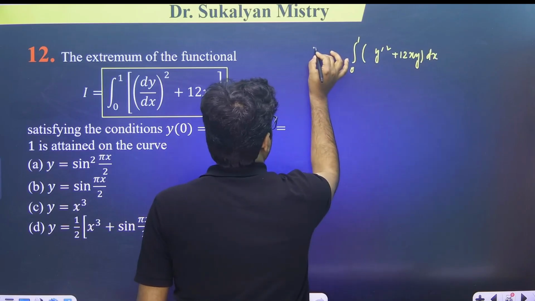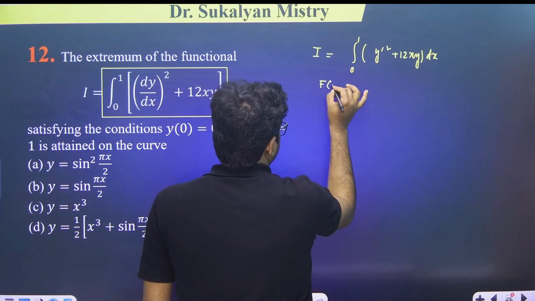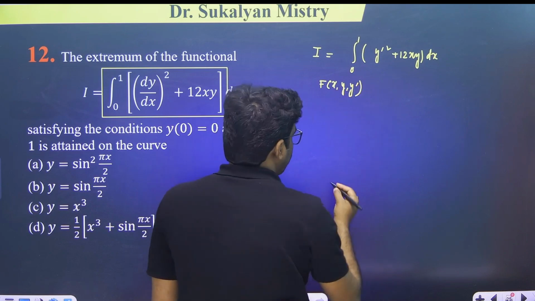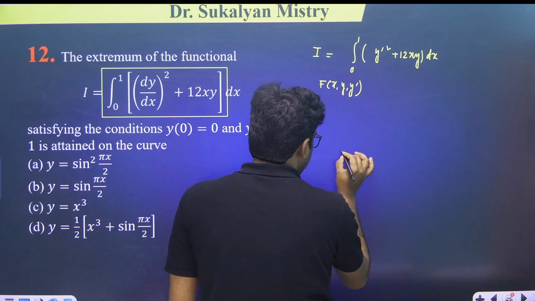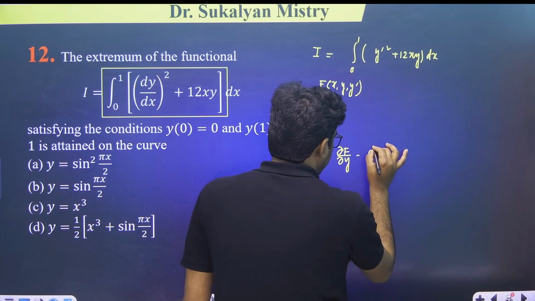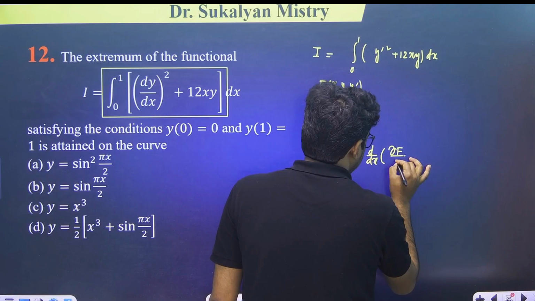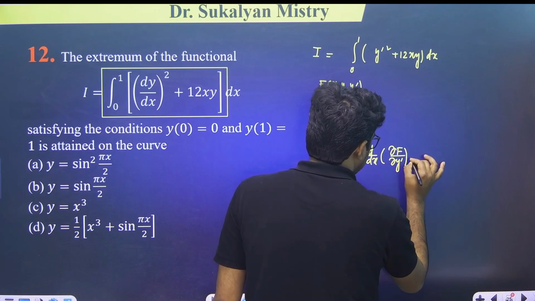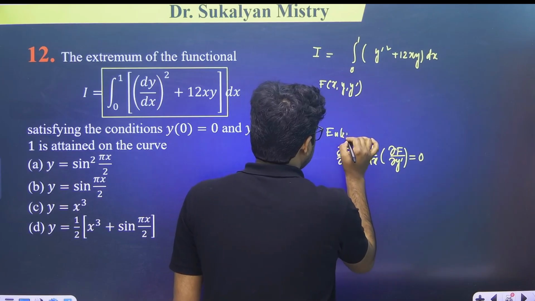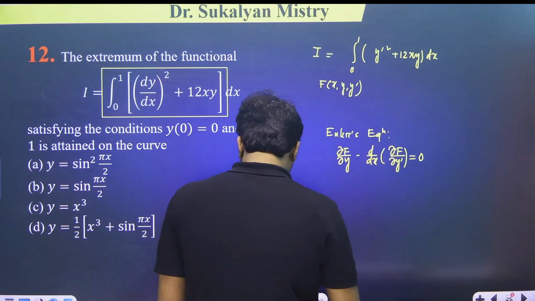We have to extremize this. If f is a function of x, y, y dash, what is the Euler's equation? Euler's equation is del f del y minus d/dx of del f del y dash is equal to 0. So this is Euler's equation, right?